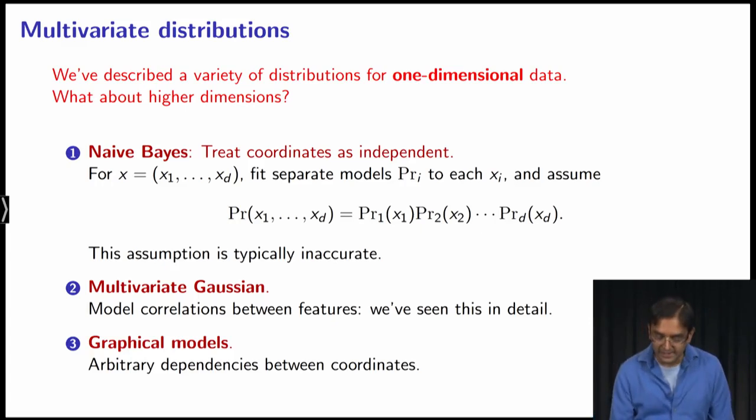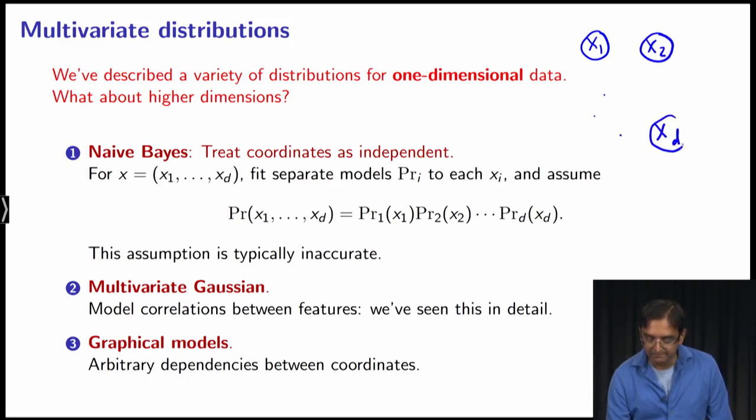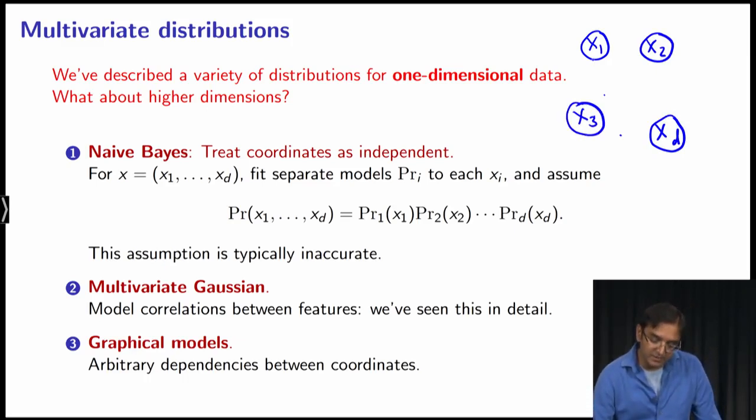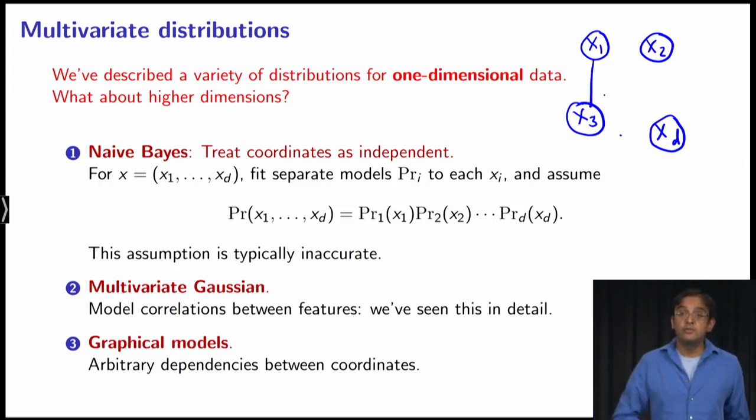So if there are d coordinates, there is a node for each coordinate, so a node for x1, a node for x2, all the way to a node for xd. And the graph has edges between two nodes if those two coordinates have some sort of dependence between them. Now, in full generality, a graphical model allows us to use any distribution for the individual coordinates x1, x2, etc. And it also allows us to model arbitrary dependencies between these coordinates. It's a very powerful methodology.